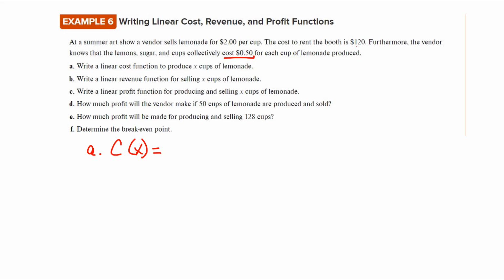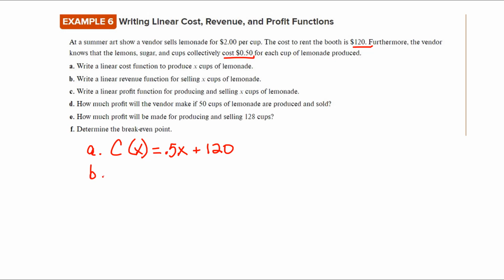There's a $120 fixed cost for the booth. It doesn't matter how many cups of lemonade you make, that's what you're going to have to pay. So that is 120. That's our fixed cost. And then our variable cost is 50 cents per cup, and it depends on how many cups you make. So 0.5x. That's our cost function. That's how much it's going to cost, the rent and the amount for each cup.